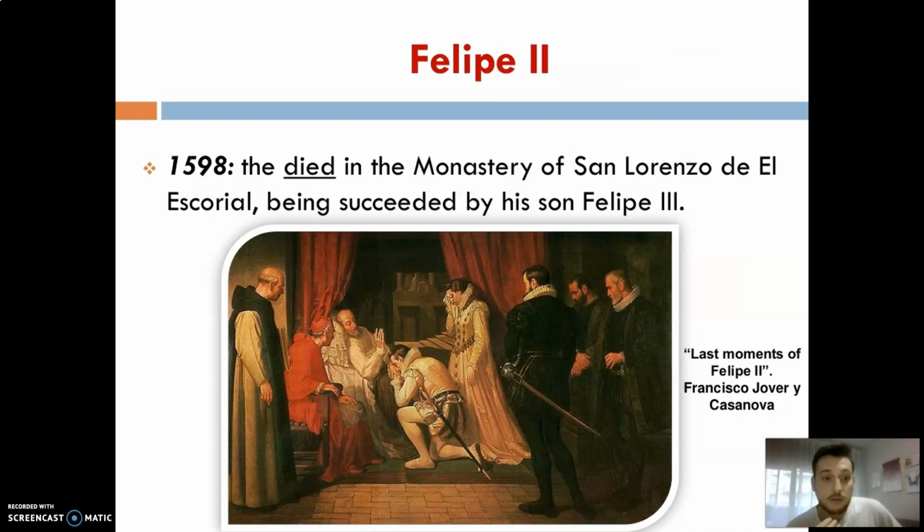Well, Philip II died in the monastery of San Lorenzo de El Escorial, and he was succeeded by his son Philip III. And with that, we will see a fall of this hegemony in the next century.